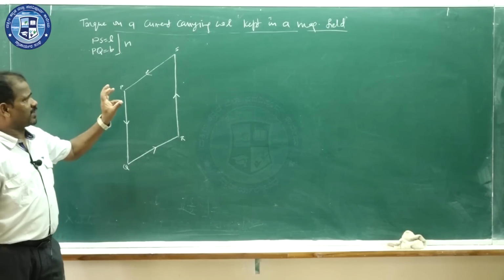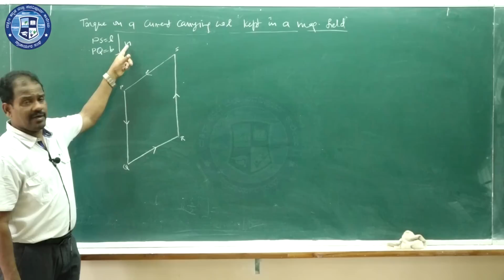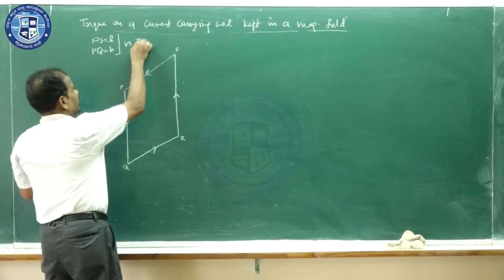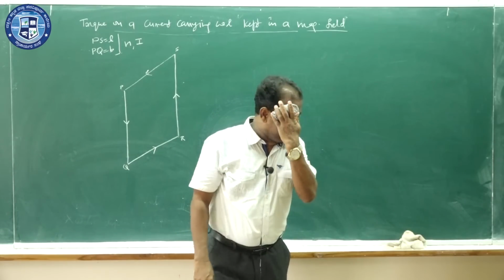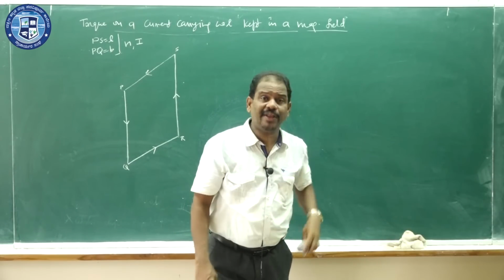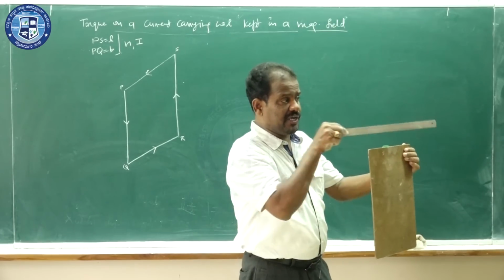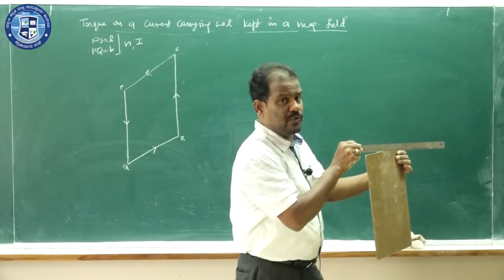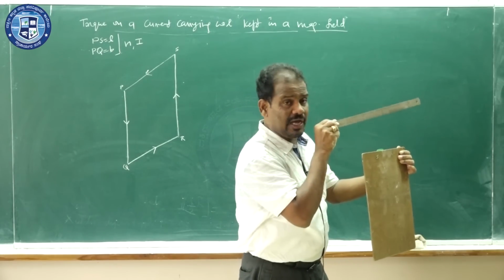So consider one rectangular coil whose length is L, breadth is B, having N number of turns, carrying current I. Now this coil is placed in a magnetic field. This is the direction of the magnetic field, for the observer towards the right.